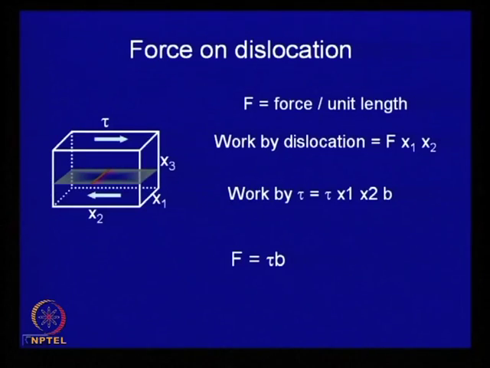Let us look at how we can calculate this. Here is a crystal, we have applied shear stress tau, and this is a slip plane on which you have a dislocation. This red line represents a dislocation. Let us say that the force per unit length of the dislocation acting on the dislocation is F.